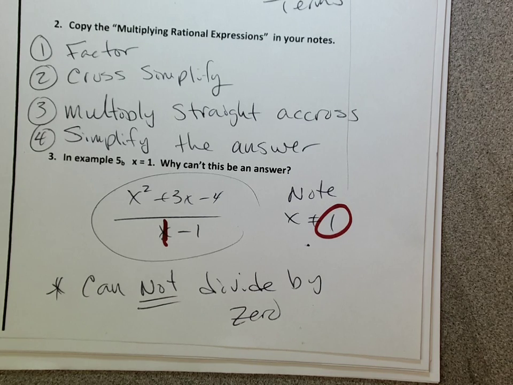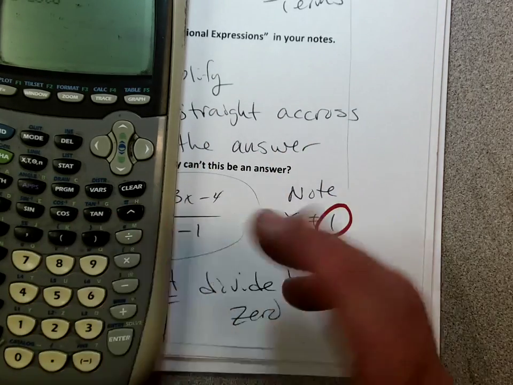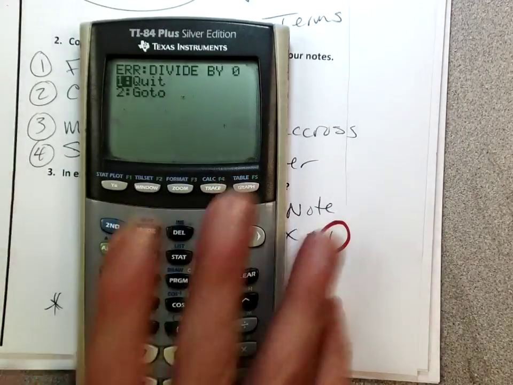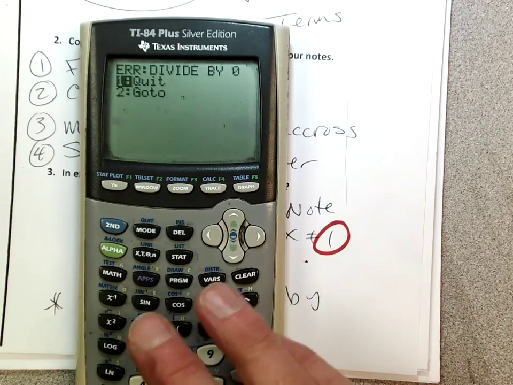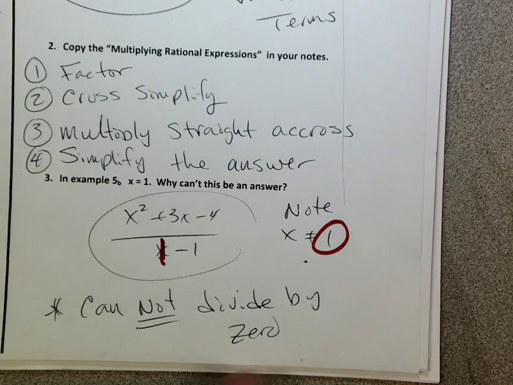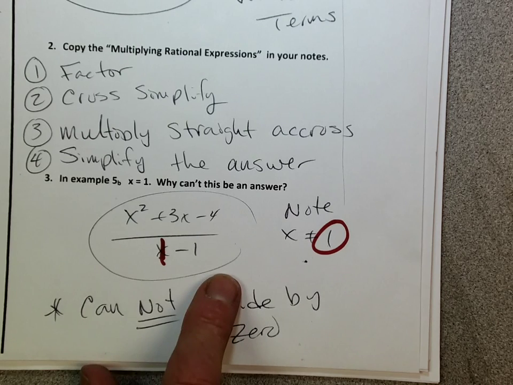Okay, hold on. I know I'm recording, but you know. Here's my calculator. So we looked at it yesterday that if you take anything divided by 0, it says divide by 0. Can't do that, okay? It's not real. So when we go through our problems today, if we get anything that makes us divide by 0, we cannot count that answer. So in this case, no matter what we do, x cannot equal 1.